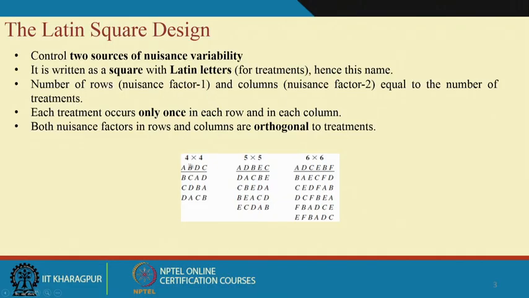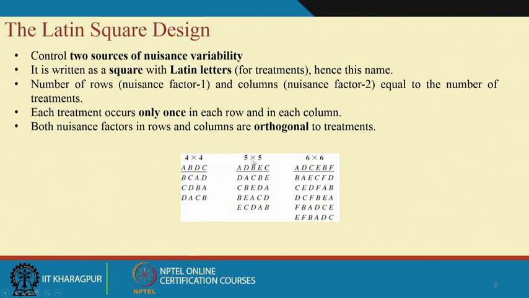So, you see the first one, it is a 4 cross 4, A, B, C, D are the treatments, and then suppose the row is block 1 and column is block 2, and the cells in between are basically assigning the treatment for the two different block combinations.